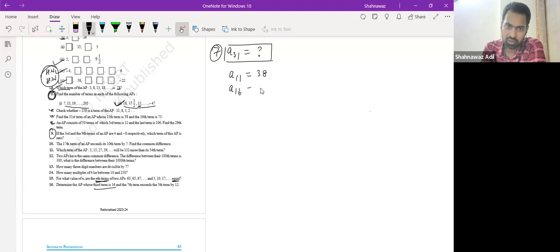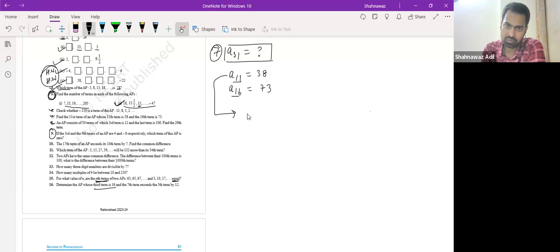Right. So this is exactly like the second question. We don't know the first term, we don't know the common difference, but we know the 11th term and the 16th term. So we can write A11 as what?